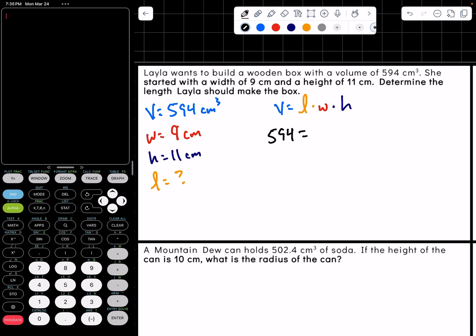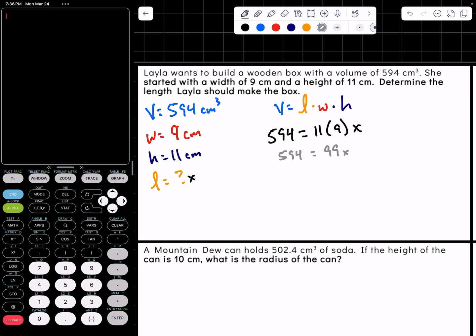594 equals, I'm going to do the length at the end because I'm going to replace it with an x. So 11 times 9 times x. And all I'm going to do is solve for x here, okay? So I'm going to take 11 times 9, which is 99x, equals 594.